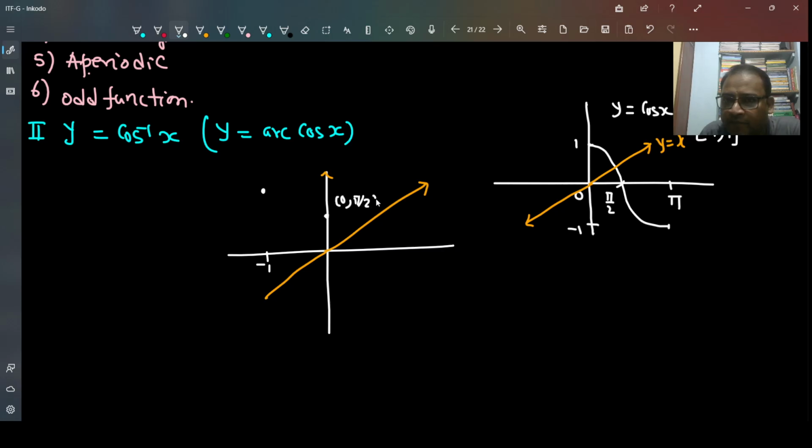This point is 0 comma 1. After reflection, it will be 1 comma 0. Now you notice that the curve will look like this. The curvature will change. The fourth quadrant part will be in the second quadrant.